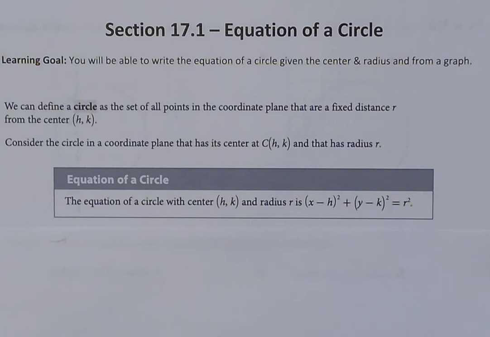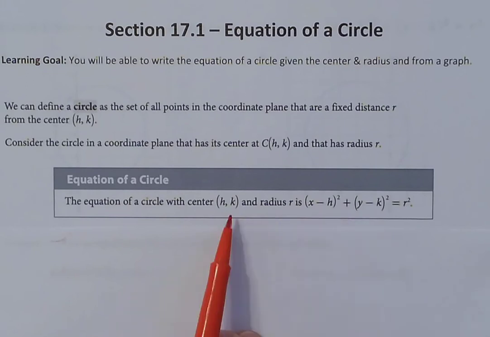Now, the center of the circle is going to be considered a coordinate point x, y, but instead of x, y, we're going to refer to it as h, k, so that way we can distinguish where that value needs to go. So x minus h, the h comes from the x value of the center.